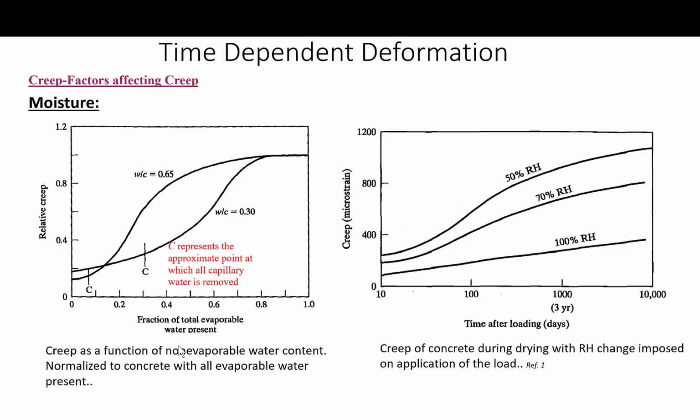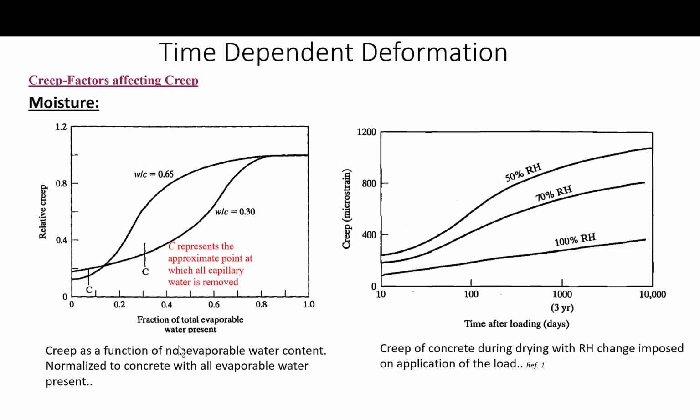So creep is a function of evaporable water in the concrete and falls to zero when no evaporable water is present. The greatest decrease in evaporable water, and hence in creep, occurs on drying down to 40% relative humidity, while water is being lost from capillary pores.